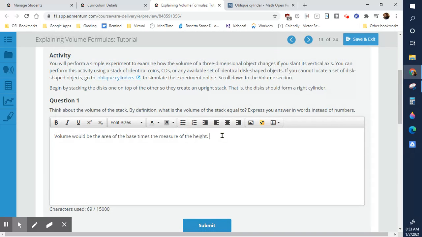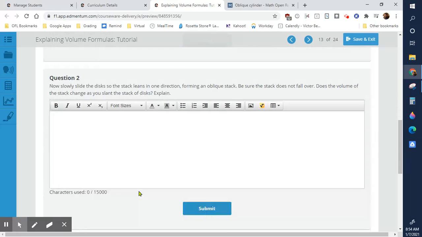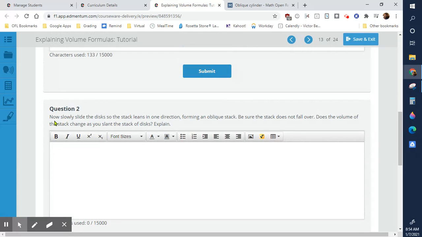So this is how much space the object takes up in 3 dimensions. So one of them's kind of like the mathematical definition. This one's kind of like what is volume. I'm covering both of our bases there. Because technically I could just say this and have nothing to do with anything else.